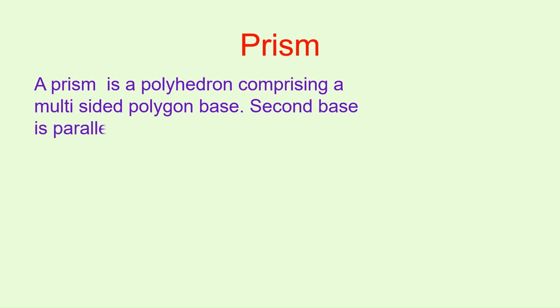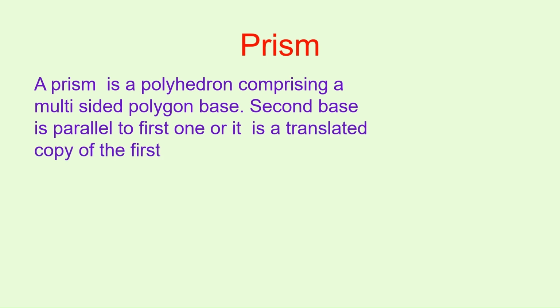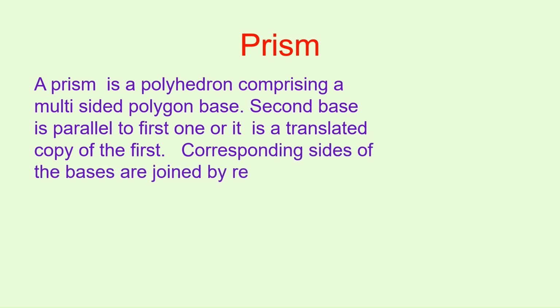A prism is a polyhedron comprising a multi-sided polygon base. The second base is parallel to the first one, or it is a translated copy of the first. Corresponding sides of the bases are joined by rectangles.